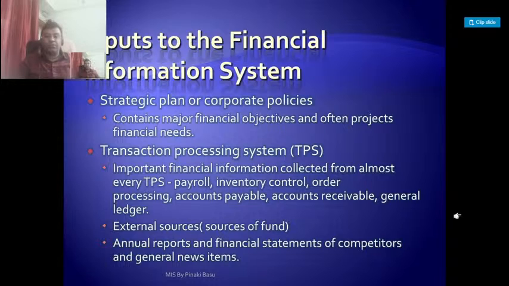Annual reports and financial statements of competitors and general users. Apart from your own information, that is TPS, apart from including your vision into your MIS, you also have reports, financial statements, or knowledge about a competitor, what they are doing.